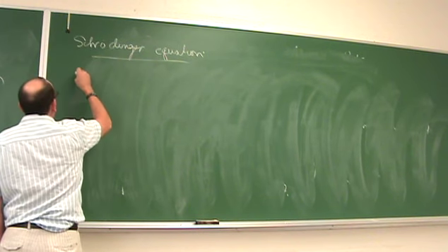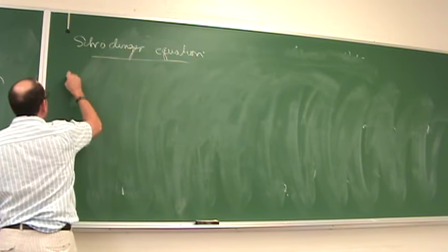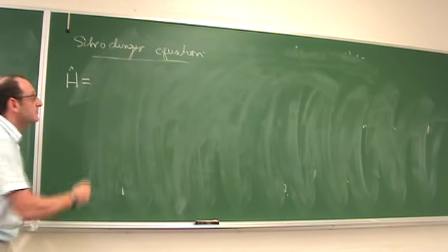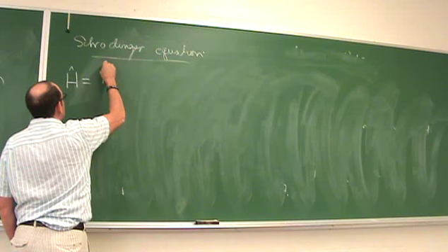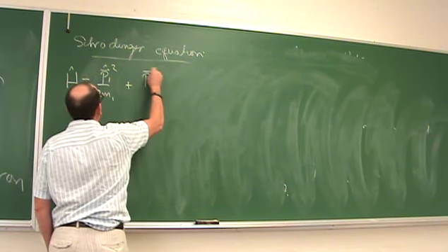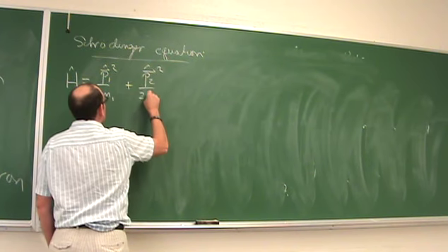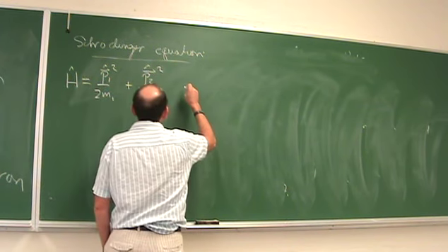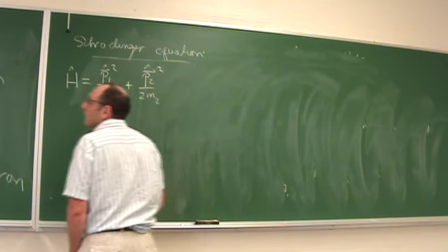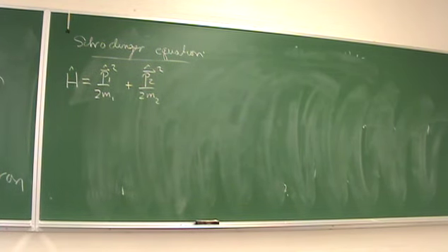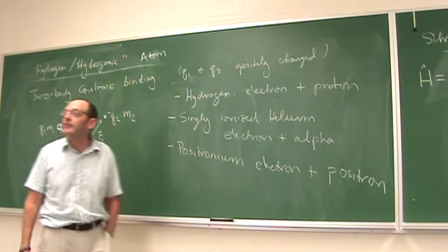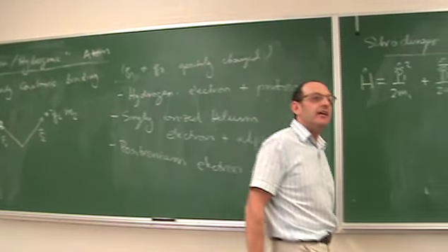So, in particular, what we care about is the Hamiltonian. We have the kinetic energy of particle 1, the kinetic energy of particle 2, and then, for simplicity, let me make one of these charges explicitly negative by putting a negative sign in front of it.